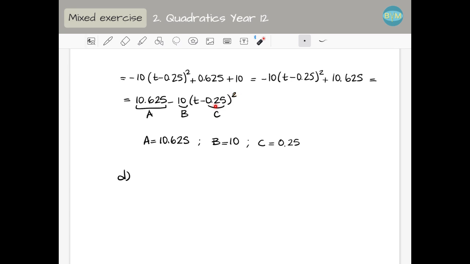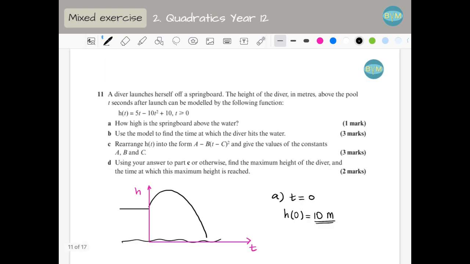So the minimum value it can have is when it's 0. So the maximum is going to happen when t is 0.25, so when this bracket is 0, and when this bracket is 0, h is 10.625. So that's the maximum height, and the time at which that happened.